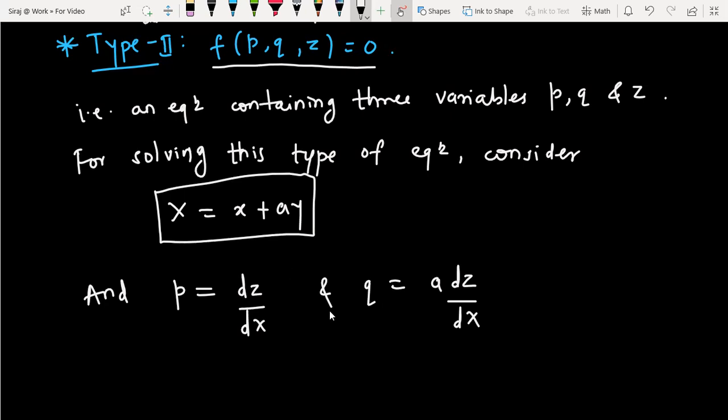So the derivatives are p and q. Small p will be dz by d capital X, and small q will be a into dz by d capital X.